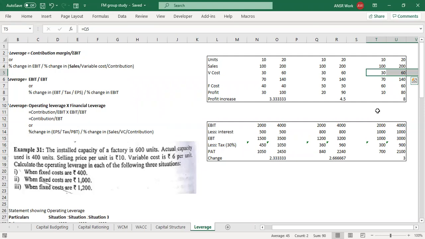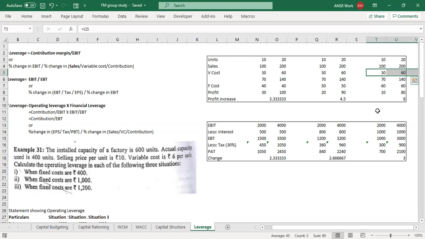If the fixed cost was high and your production was low, that's why you get low profit. And with your fixed cost remaining the same and all things remaining the same, you are getting higher production. So that's the reason why that ratio is changing.